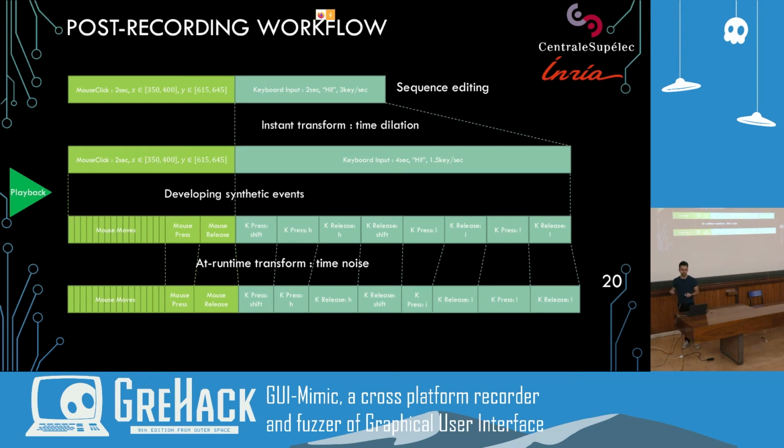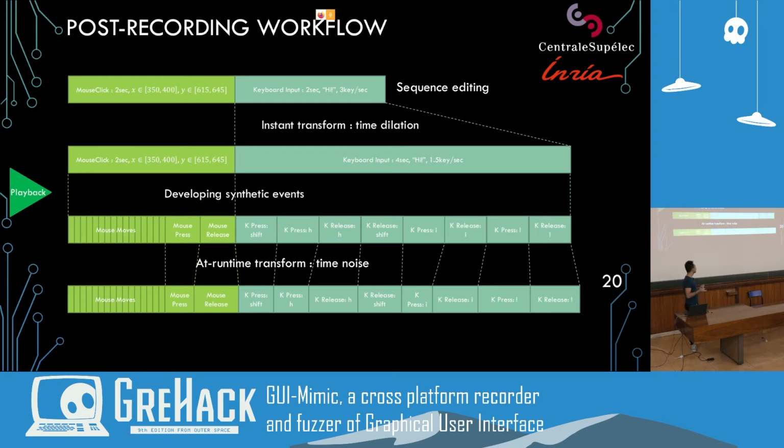And once this is done, you can apply transformations. Transformations can be applied instantly to ease your work. Let's say you want the whole sequence to last twice as long. You might not want to edit each event individually. To do that, instead, you can apply transformations to change all the events at once.